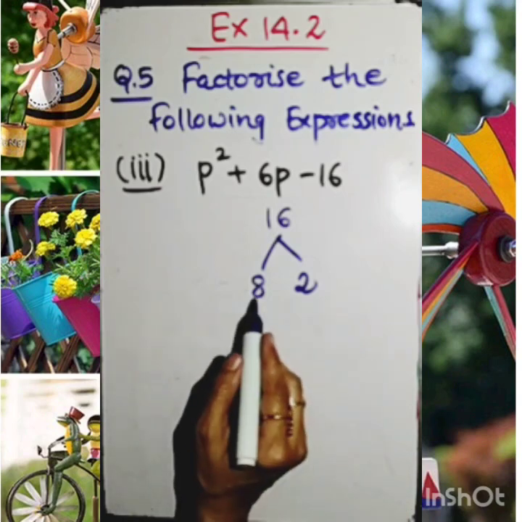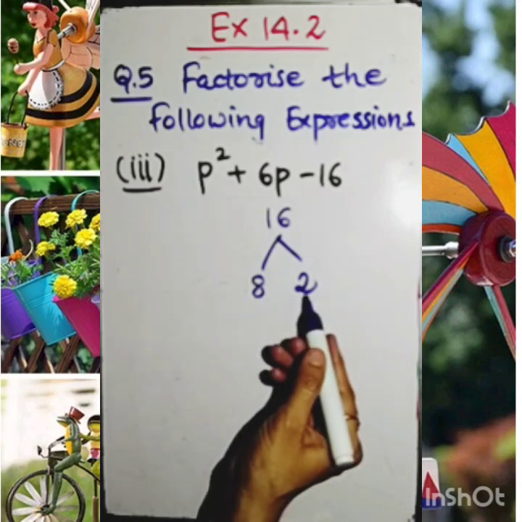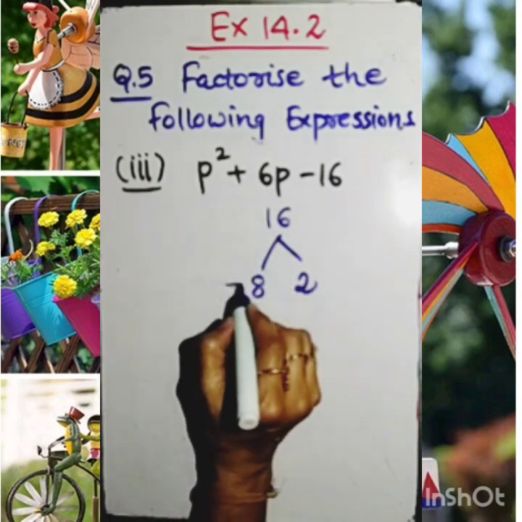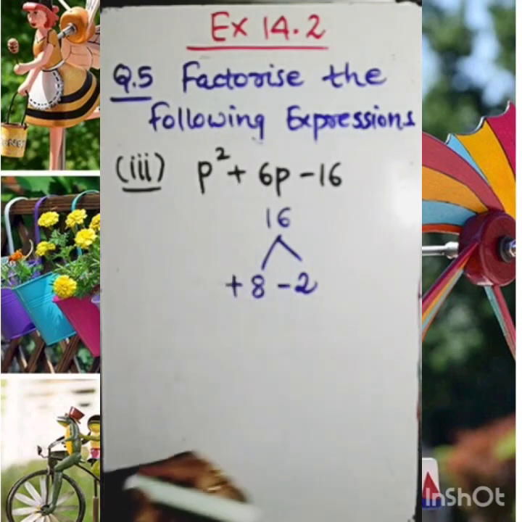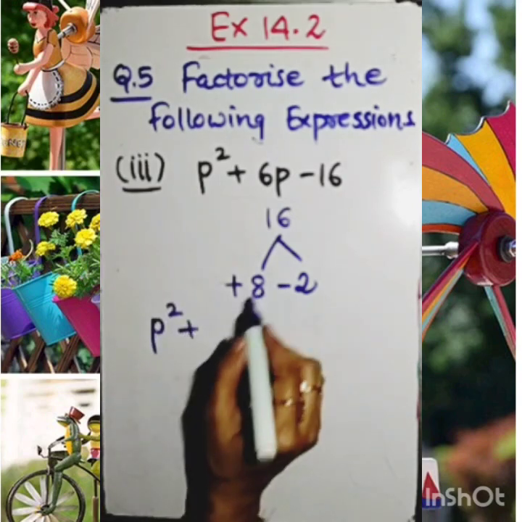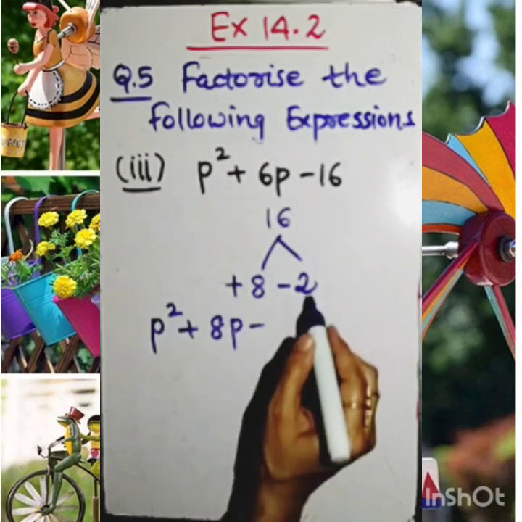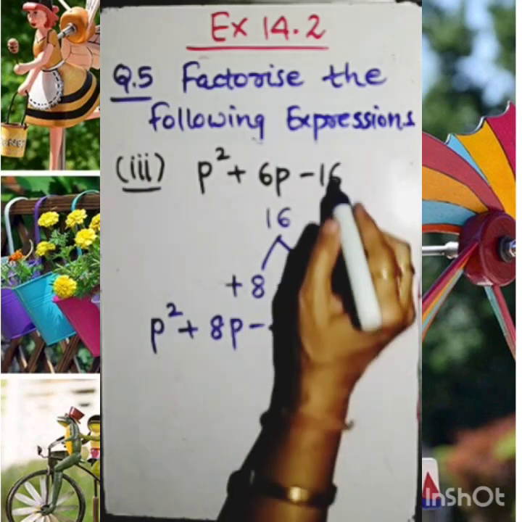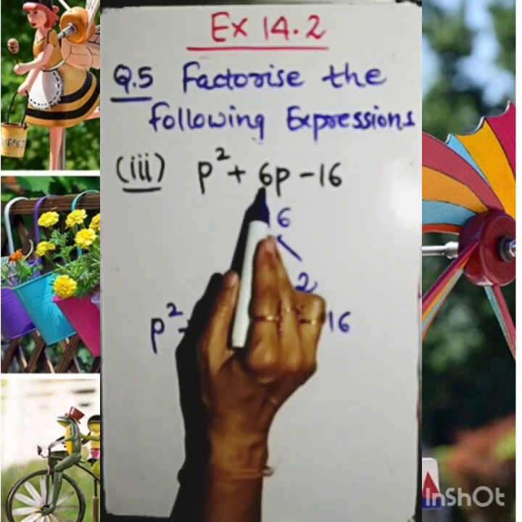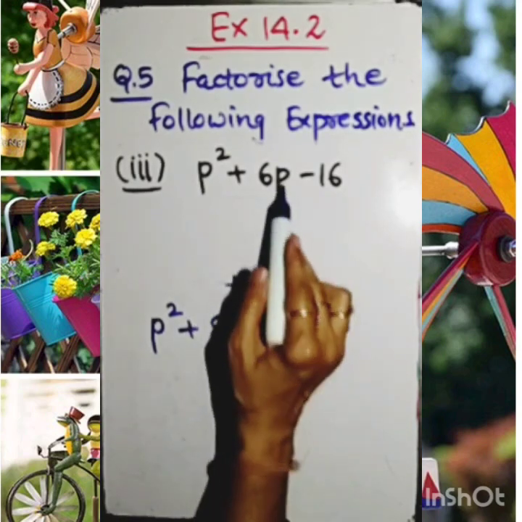But if I subtract 8 minus 2, then it gives the result 6. So in such a case, I need to mention this is plus and this will be minus. So p square plus 8p minus 2p minus 16. Here I have mentioned plus 8p minus 2p.